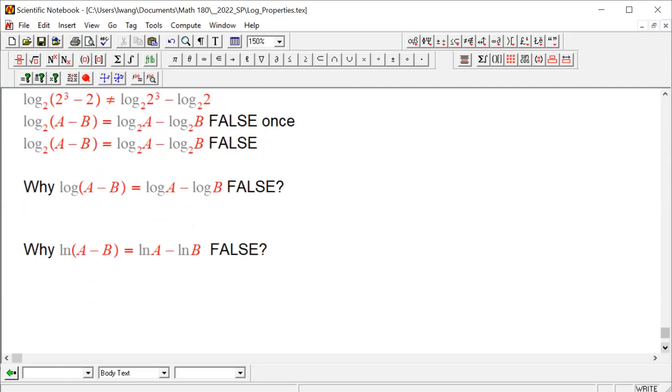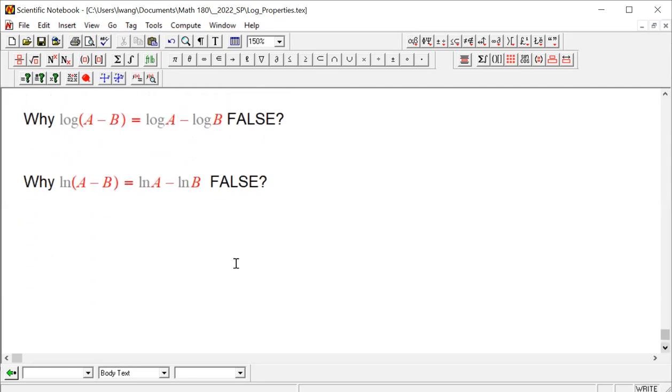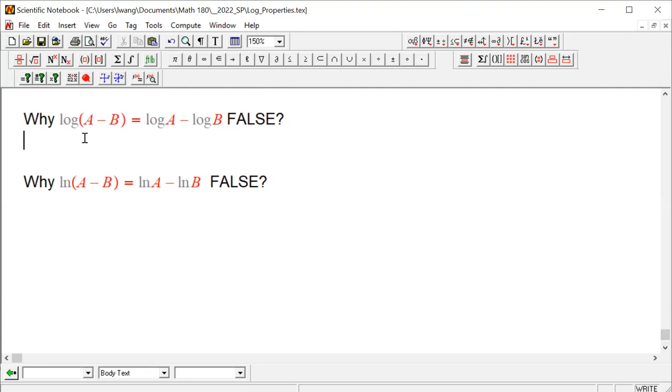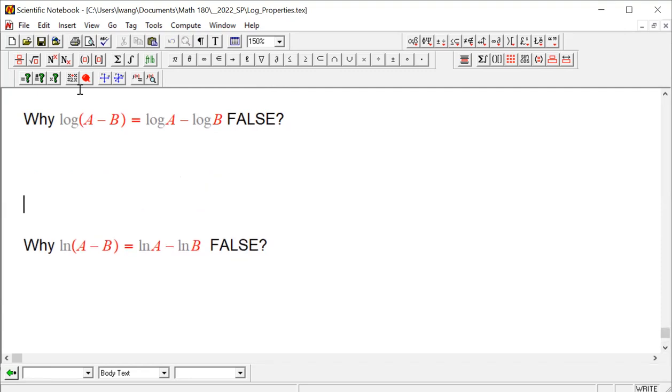So all you have to do is find a counterexample. Let's look at a base 10 case. Base 10 is less commonly used than base e, but it's still used from time to time. So I'm going to give A equals 10 squared.